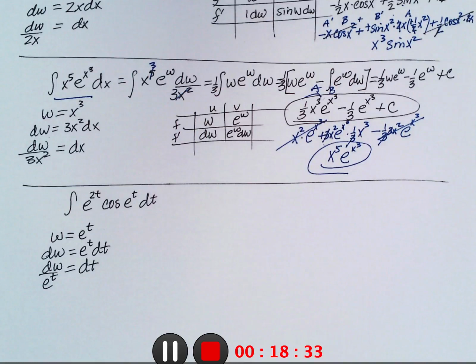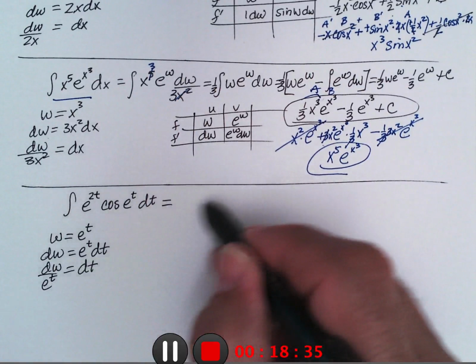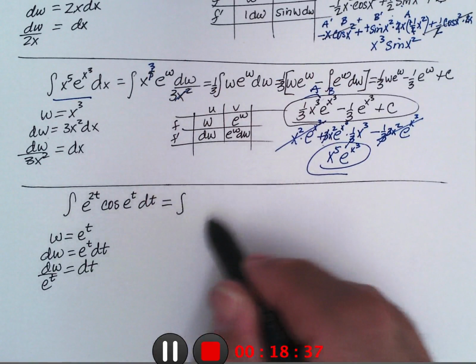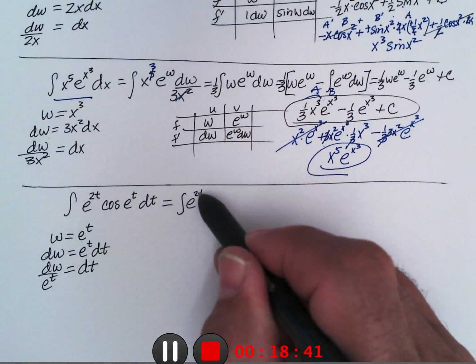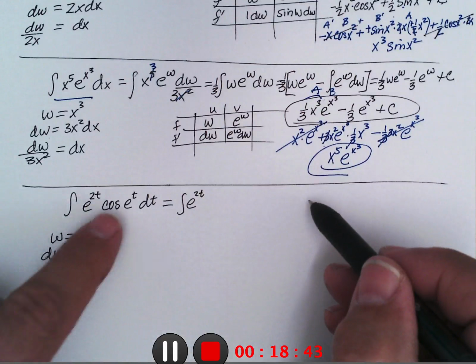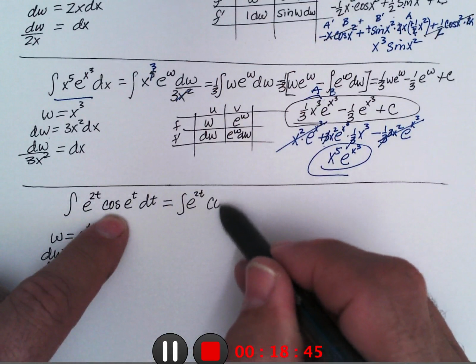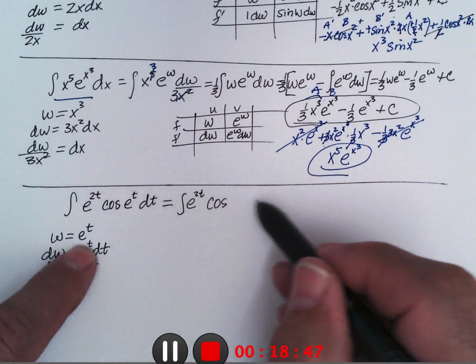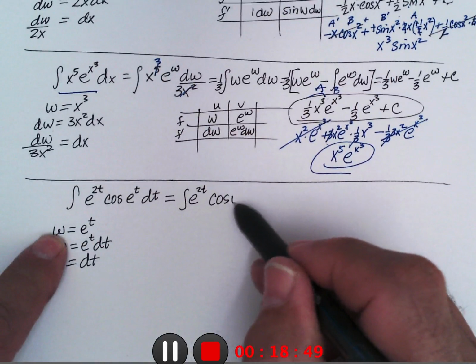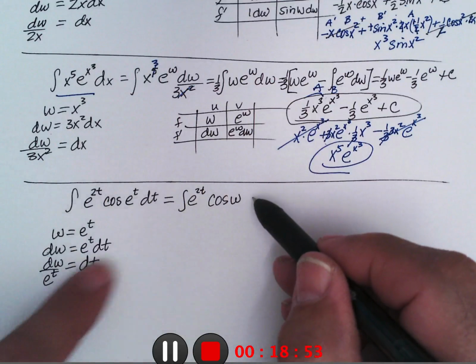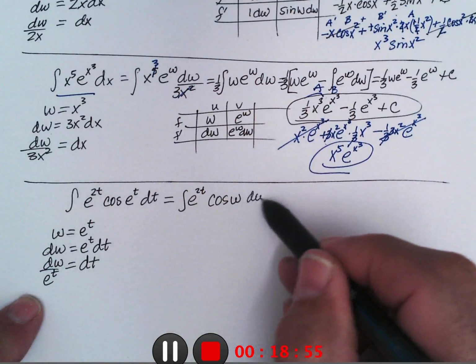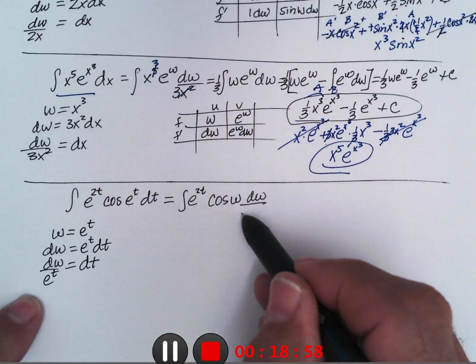So this problem would become the integral of e to the 2t times cosine of w, and dt becomes dw over e to the t.